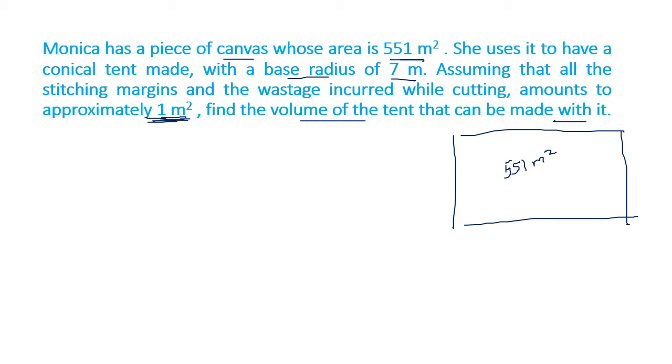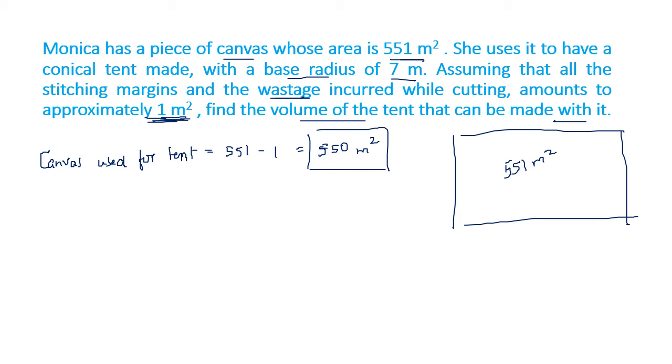So, the canvas used for the tent equals 551 minus 1. Stitching margin and wastage we removed. So in the tent we have used 550 meter square of canvas. Okay, so this is the material used.